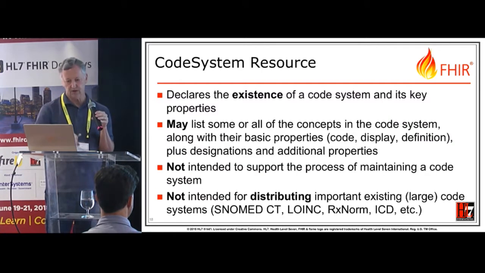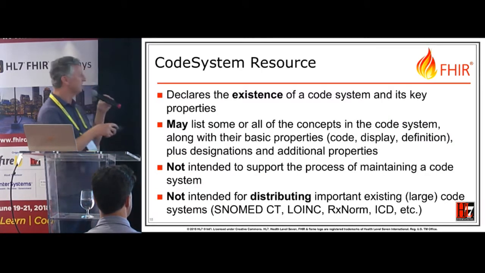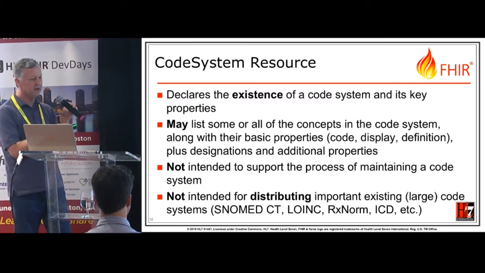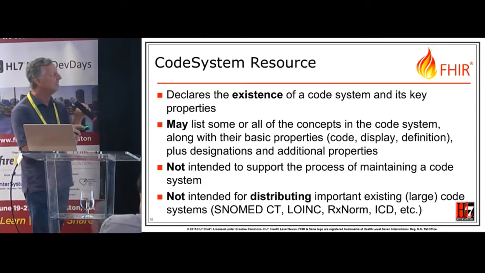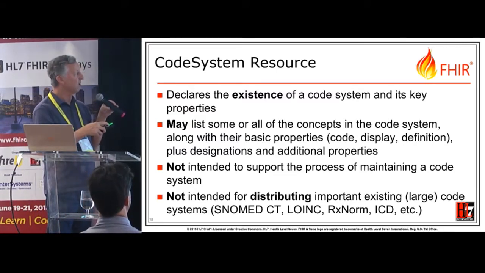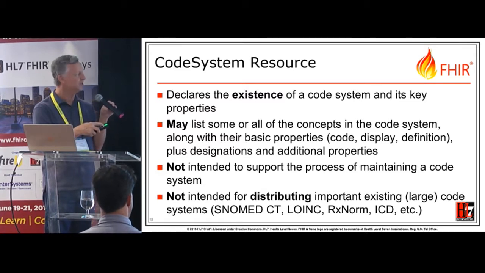So, all right. Now I'll get quickly to the resources. The CodeSystem resource, like I said, was split out in STU3 from ValueSet, and its main purpose is to declare and describe the existence of a code system and its key properties.